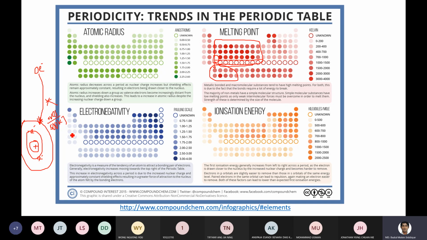So much energy has been released that it has a higher value. So yeah, this is the thing. Sorry, I was talking about the electron affinity, not electronegativity.